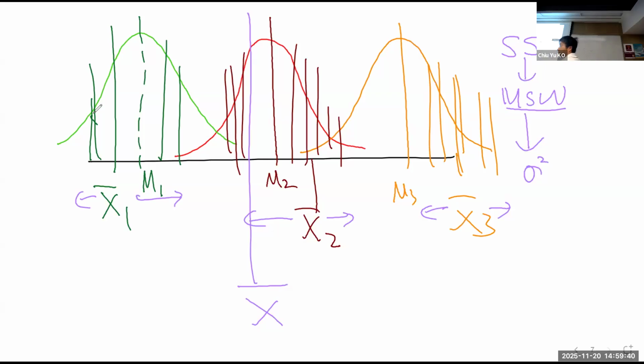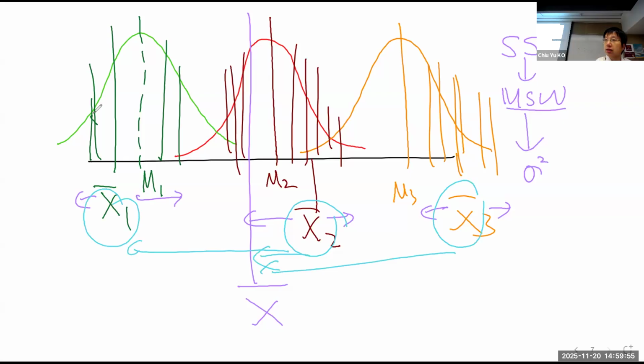But you can also calculate the variance by looking at these sample means you got. Look at the variation between them, looking at how these x bar are different from the overall mean. And this is called SSG, and this can be turned into MSG.